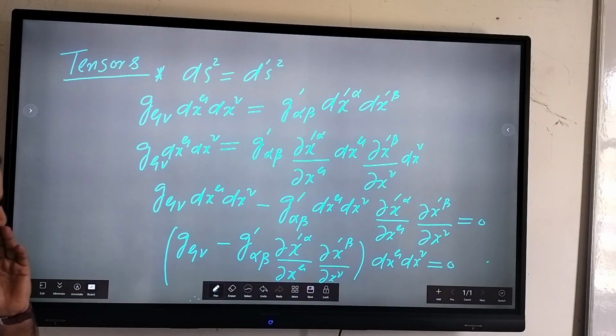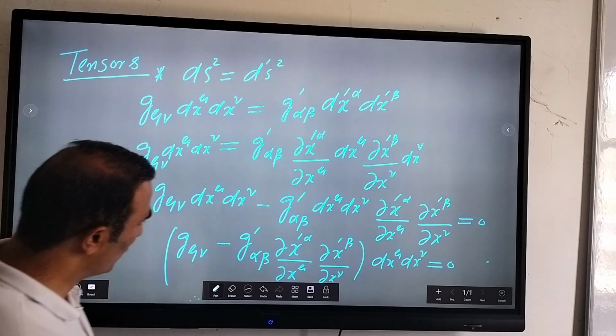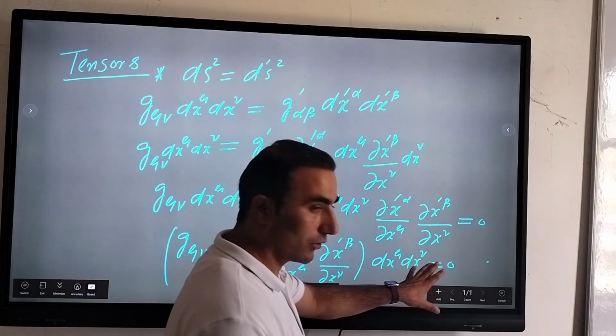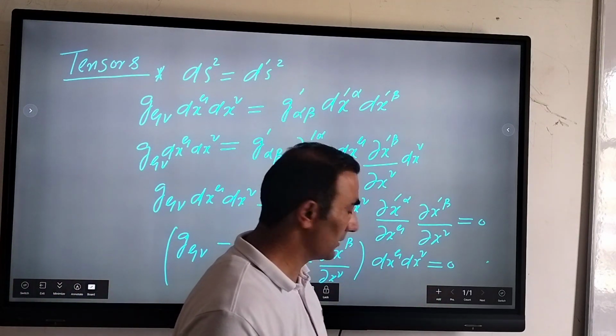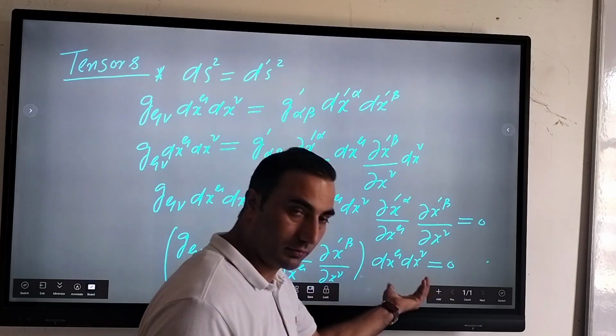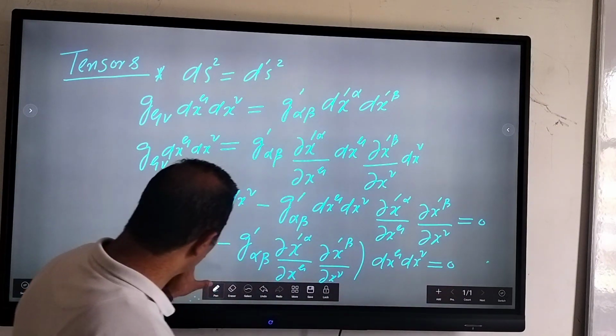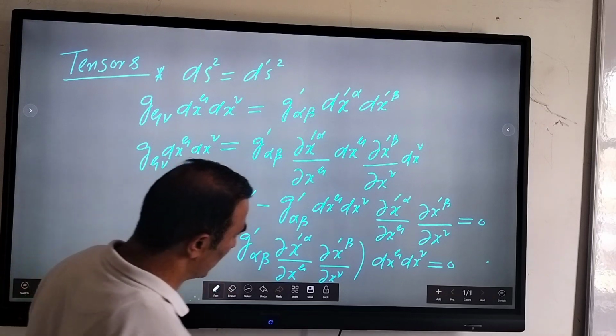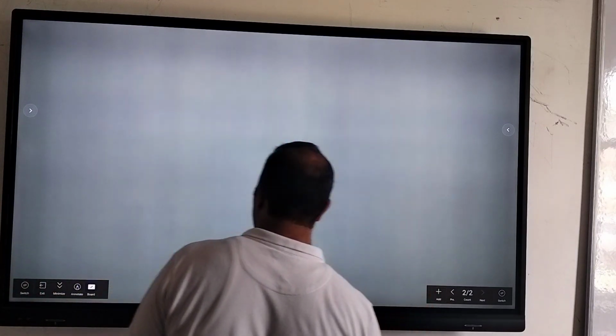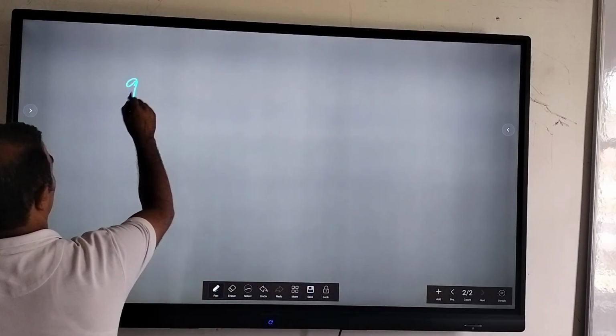Okay. So we can write, because this is our length element, which cannot be equal to 0. This is our length element, and a scalar, because dx into dx. So that means this term should be equal to 0, right? So I can rewrite this, so that means our g mu nu.